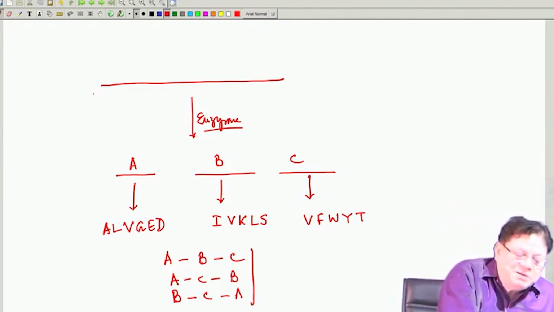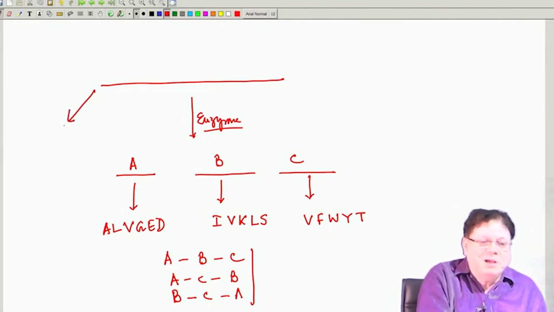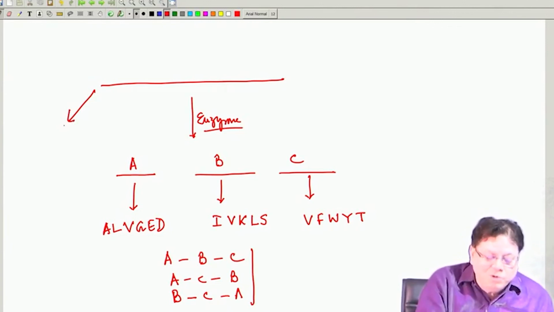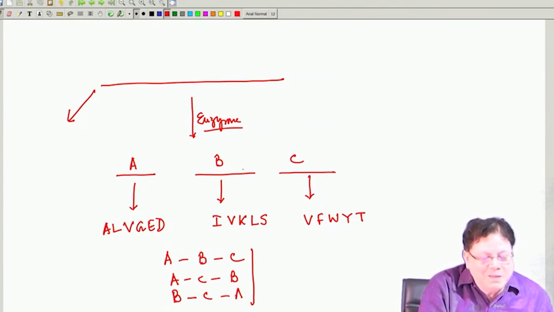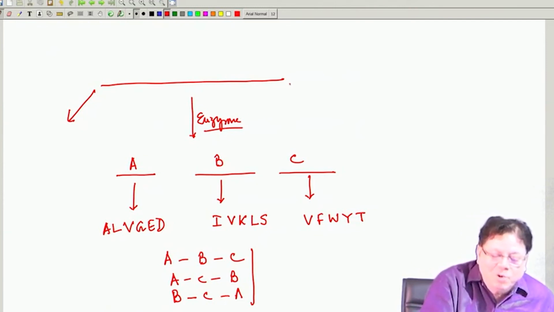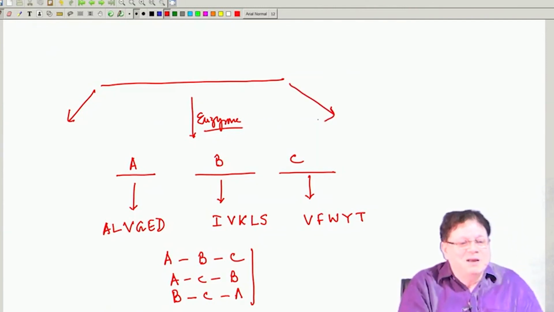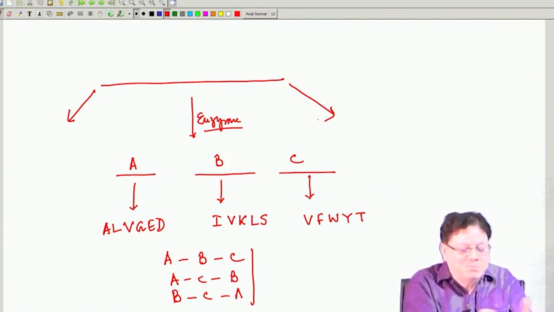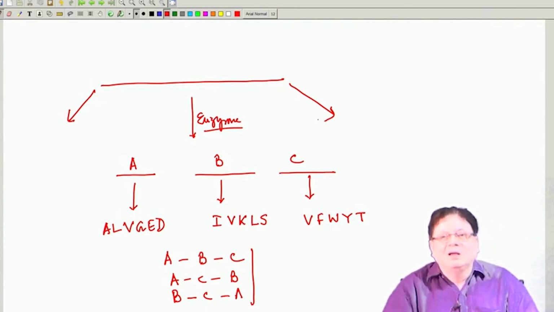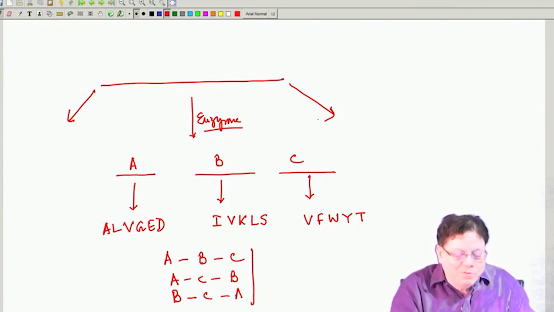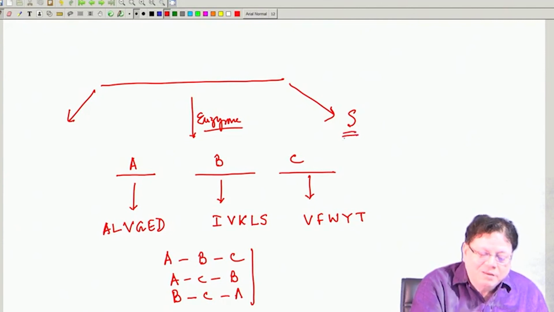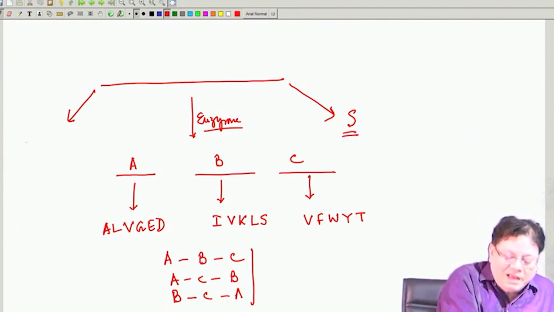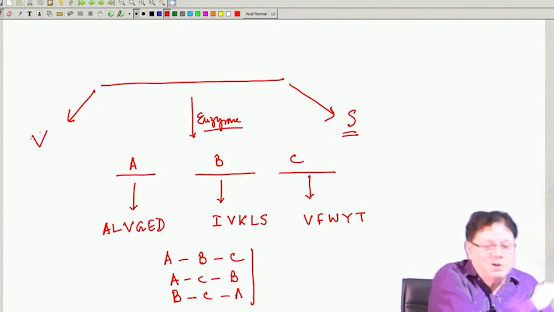If you first have determined the N terminus amino acid, then you know which one is the first one, whether it is A or B or C. And if you know the C terminus from the very beginning, and then do this peptide chopping and the Edman degradation, then suppose S is the last amino acid, the C terminus, and V is the first amino acid.